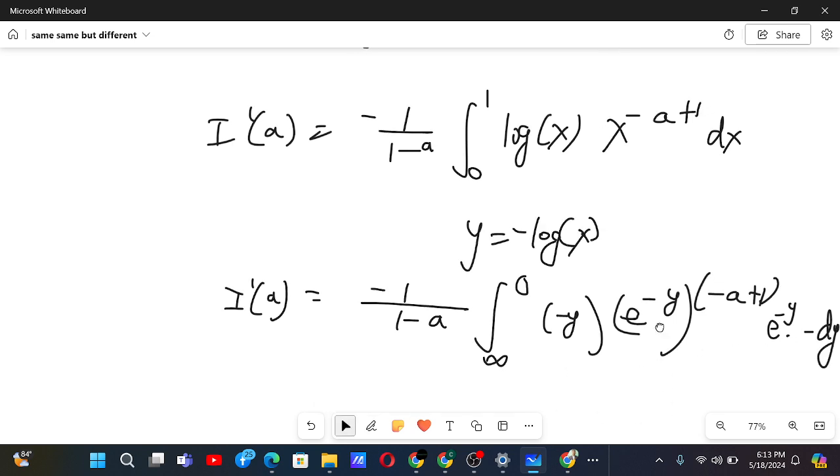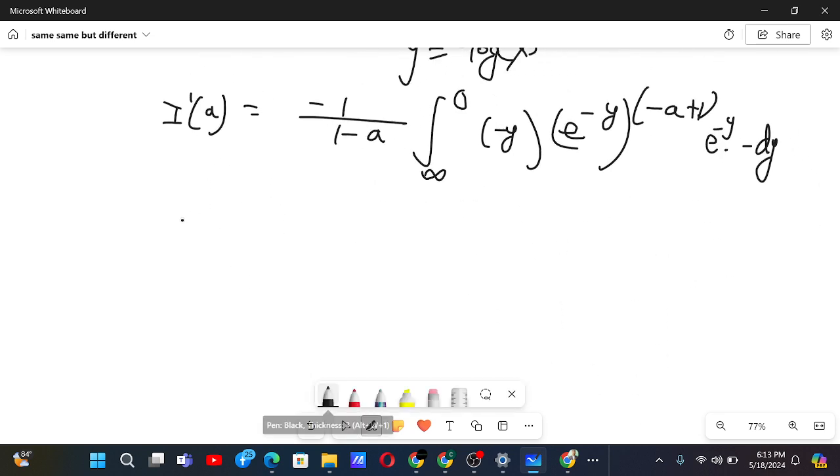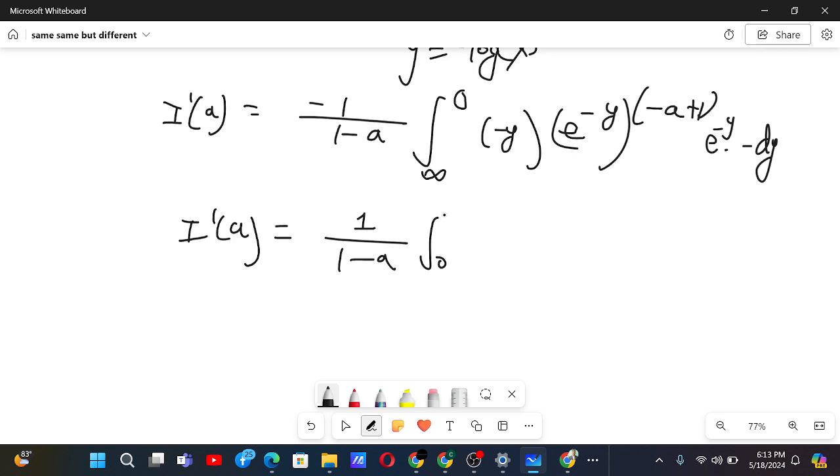Now the minus and minus sign cancel out, and this minus sign over here can be used to reflect the limits of integral from 0 to infinity.